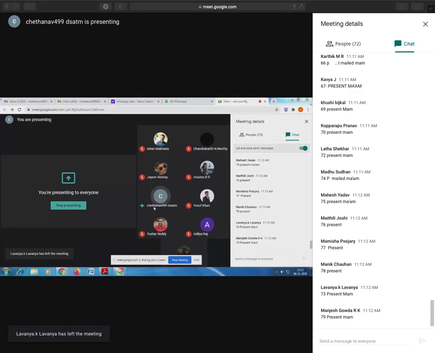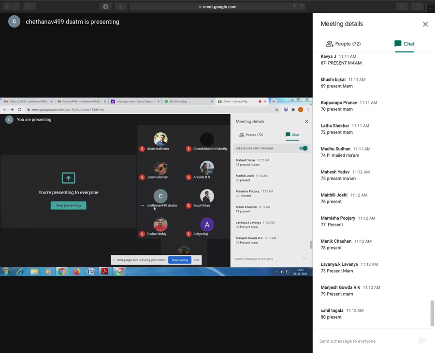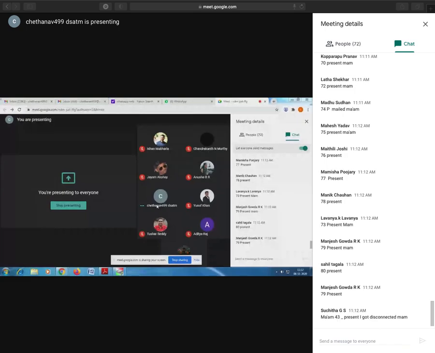Oh, Lavanya is present. Manik also present. Manjesh Gowda present.